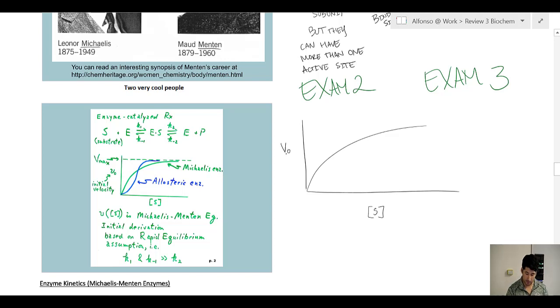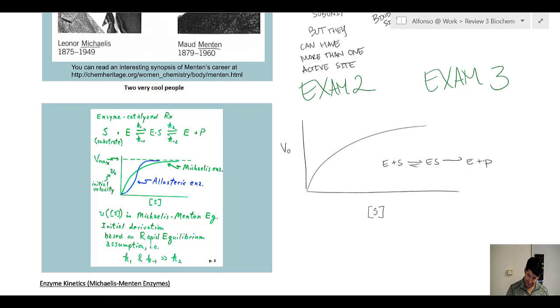that is your initial velocity. And so what's happening here is that you have an enzyme with a substrate, and they are forming an enzyme substrate complex. And once they form that enzyme substrate complex, they will form enzyme plus product.